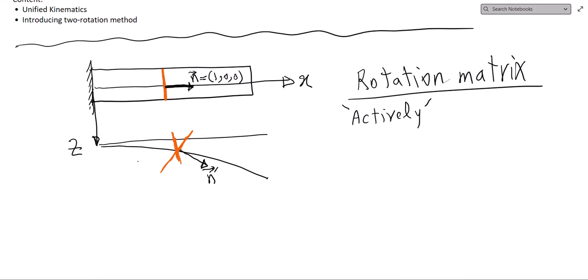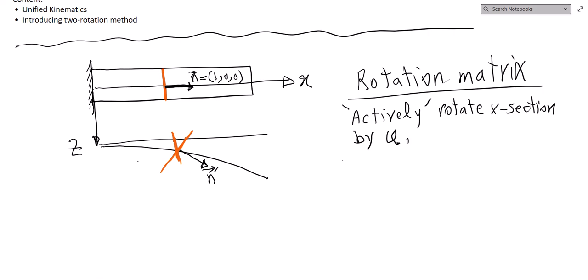That is, we fix the coordinate system xz here, and we rotate n in that coordinate system. We actively rotate the cross section by phi. This phi so far has no connection to the rotation of the cross section in Timoshenko, but we will relate it to it. Just let's say it's phi, as an angle.